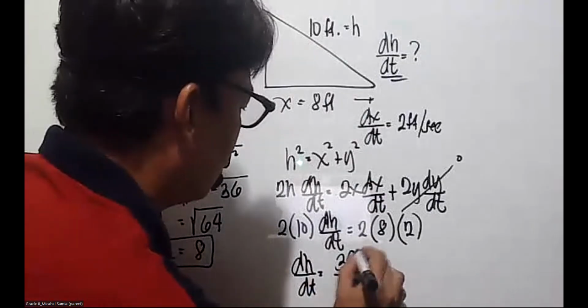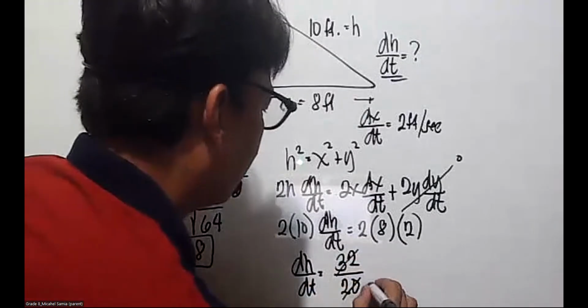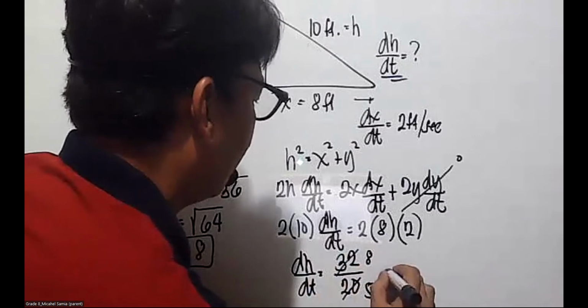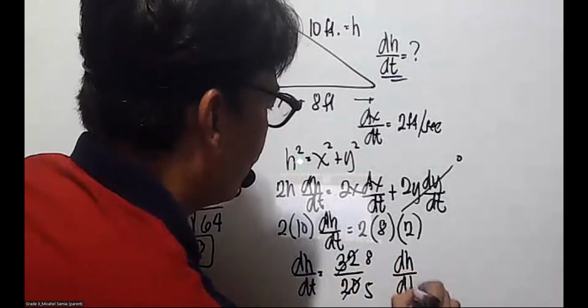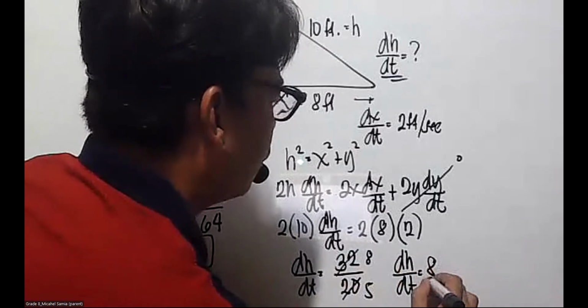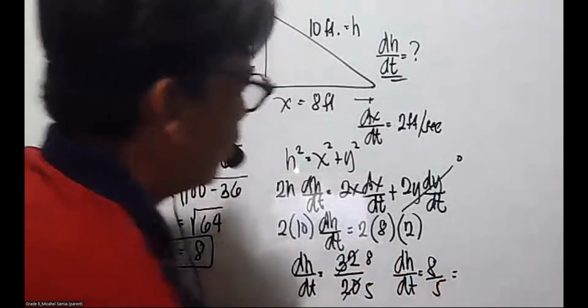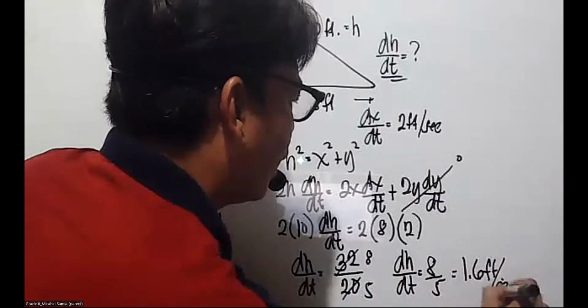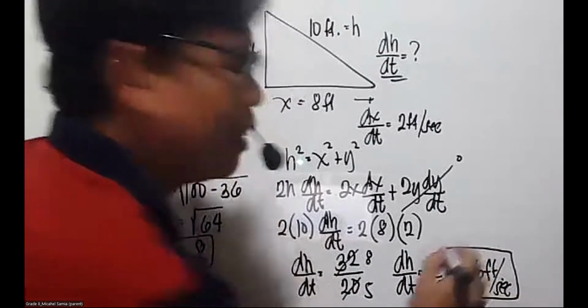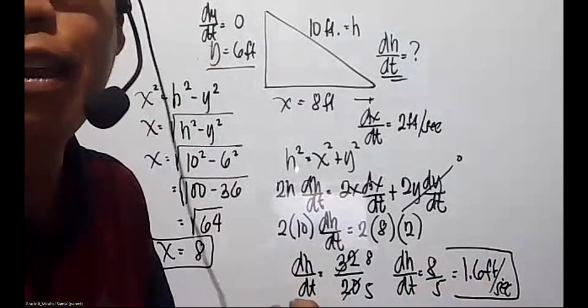Okay, so we could cancel 4. This is 5. This is 8. Okay, so your dh/dt now is equal to 8 over 5. Or what's the value of this, Josh? 1.6 feet per second. Hopefully, it's still visible on the screen. Still visible.